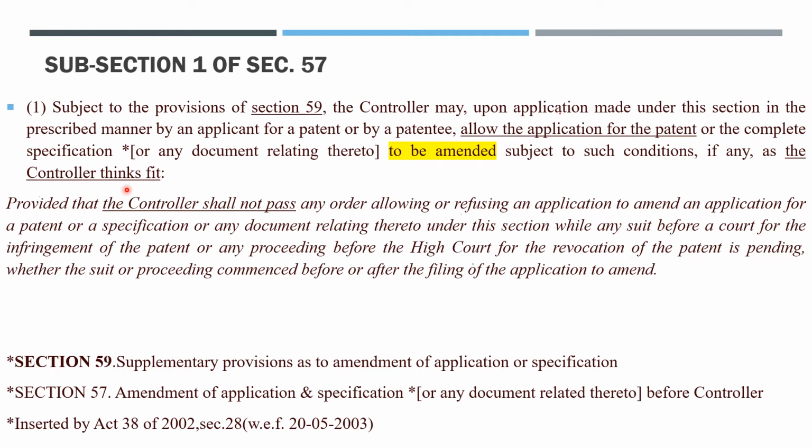Provided, come to this part: any suit for infringement of the patent is not instituted, or any proceeding before the High Court for the revocation of the patent is not pending. And the situation must hold before or after the filing of the application to amend. I hope now this subsection is crystal clear. So let us proceed to the next one.